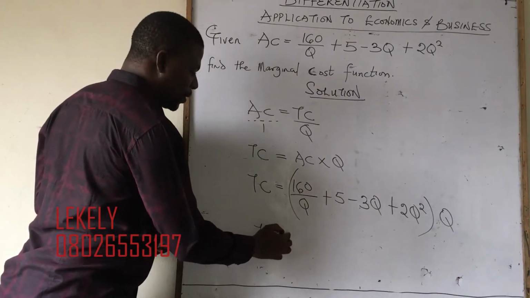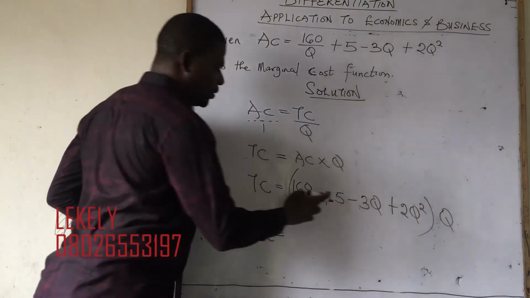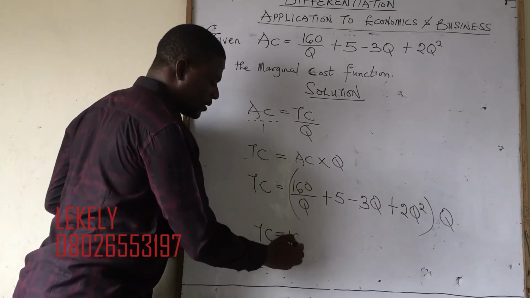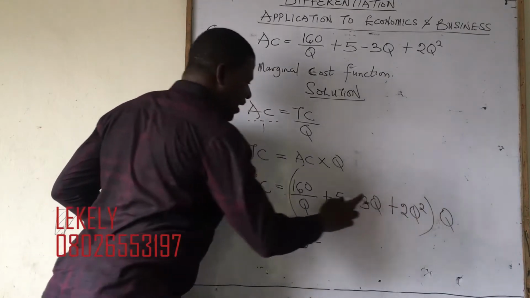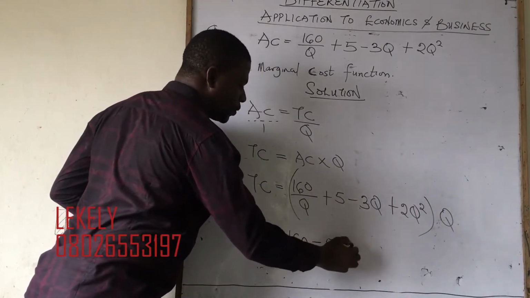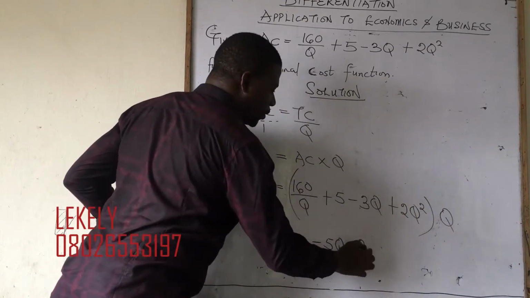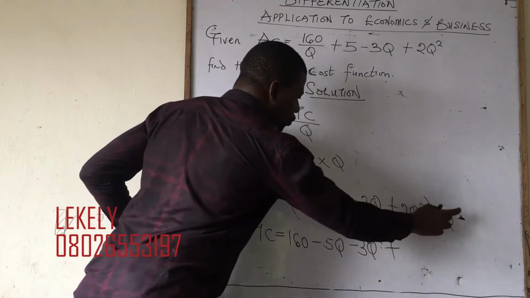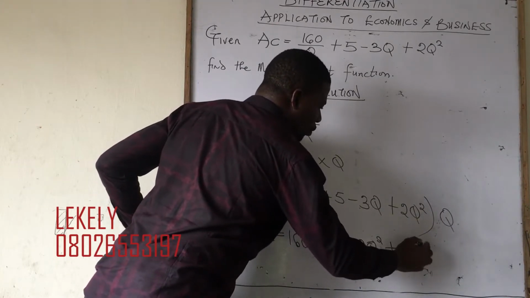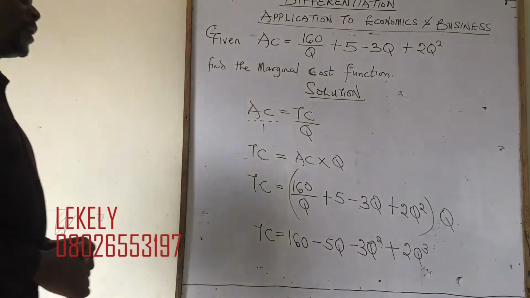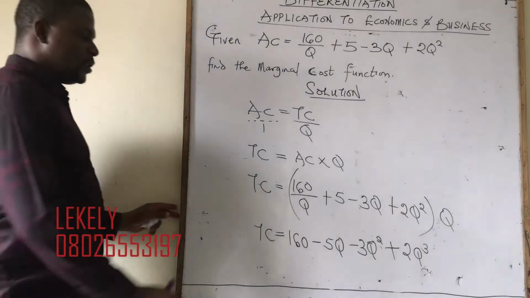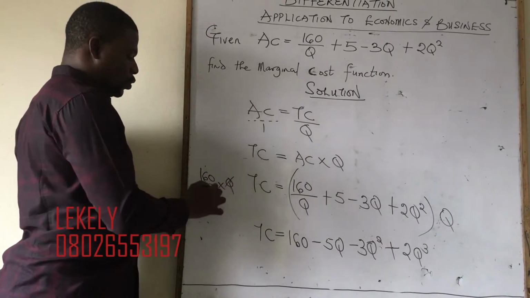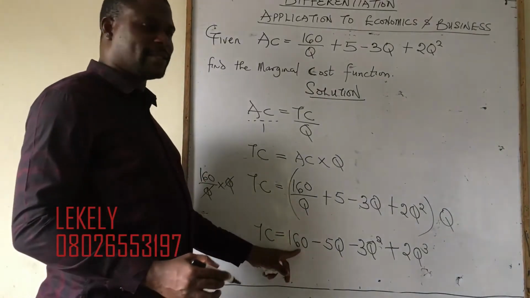Q times 160 over Q cancels the Q, leaving 160, then minus 5q, minus 3q squared, plus 2q cubed.